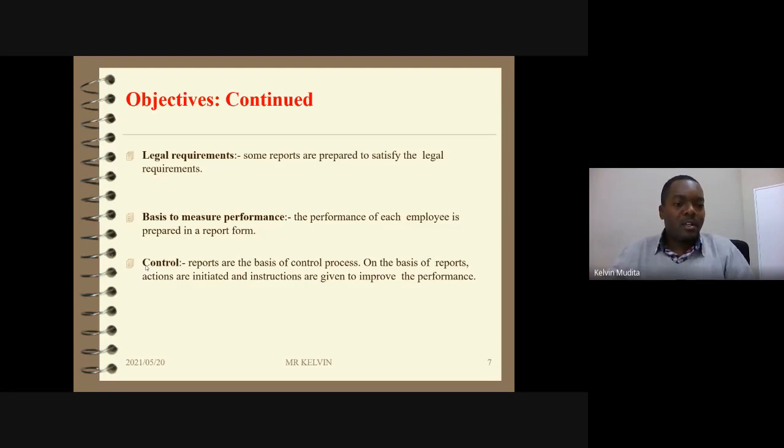That is, did we meet our target or not? That is what control simply means in business. Did we deviate from what we have planned? So we write reports to say, we have achieved this or we have failed in this regard. We didn't achieve our objectives. That is the meaning of the word control in business.